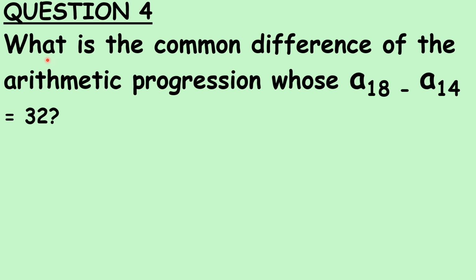What is the common difference of the arithmetic progression whose 18th term minus the 14th term is equal to 32? So what do we do? Let's just write the general equation for the nth term, which is an equals the first term plus n minus 1 times the difference.